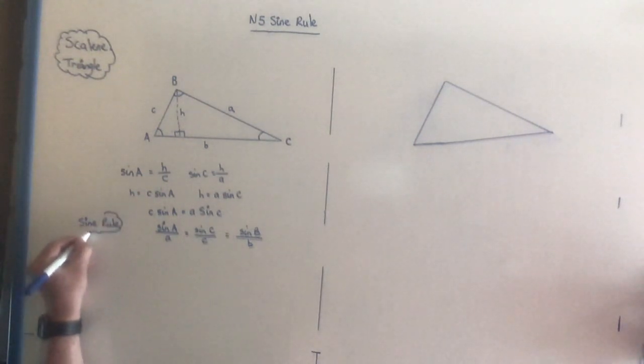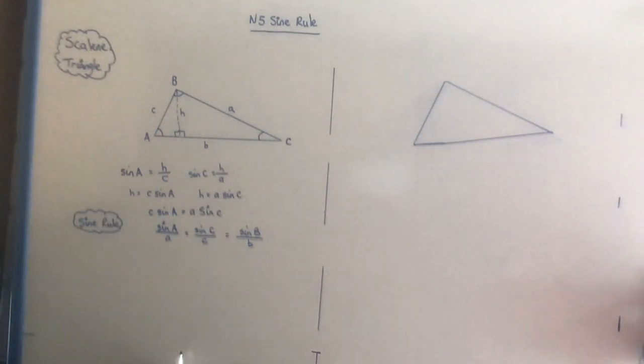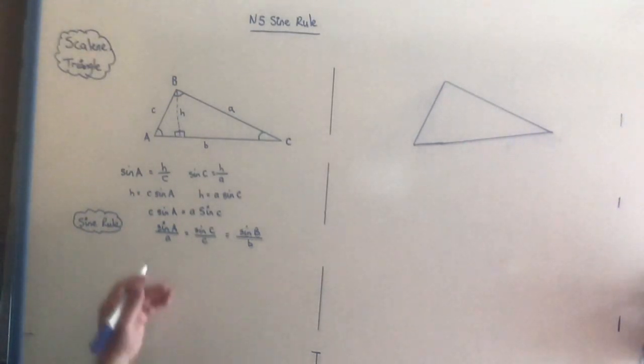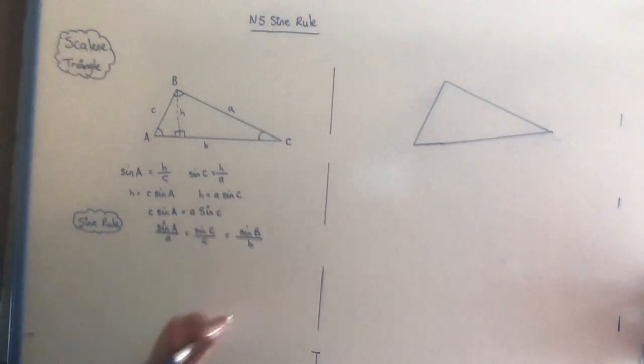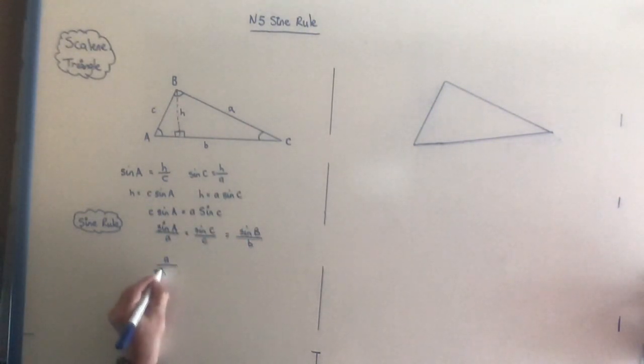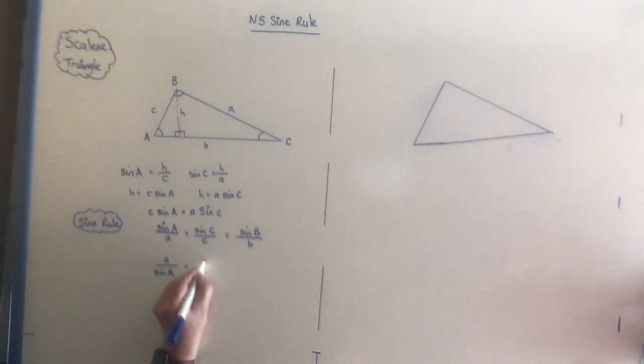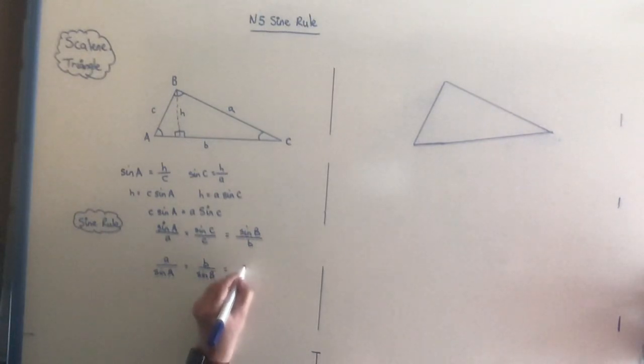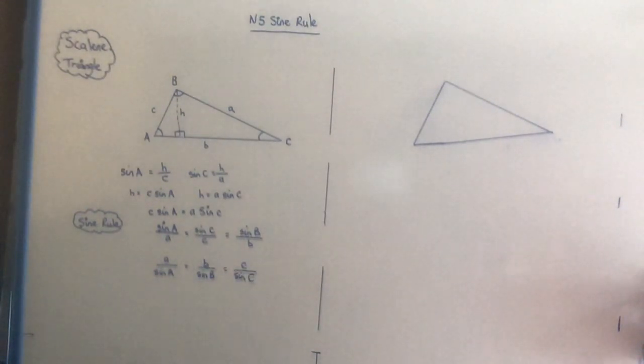Okay, sine rule. Now, using your equation rules, we could flip each one of these, and we could have A over sine A is equal to B over sine B, and C over sine C. They're the same.